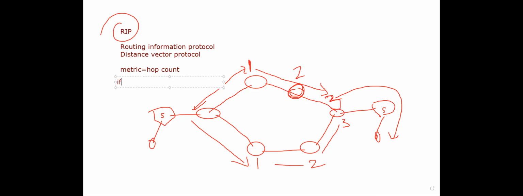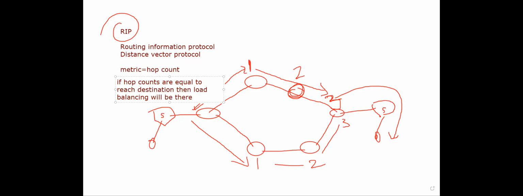If hop counts are equal to reach the destination, from both paths, then load balancing will be there.